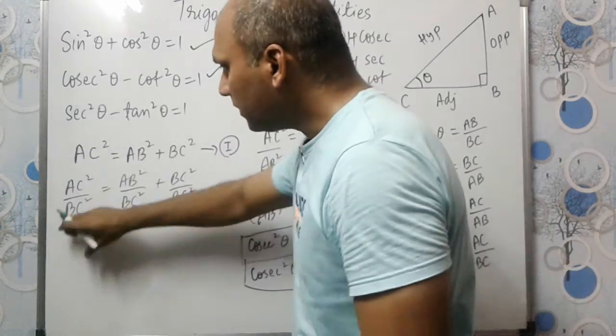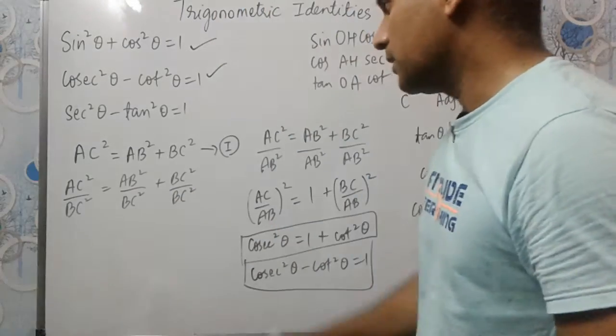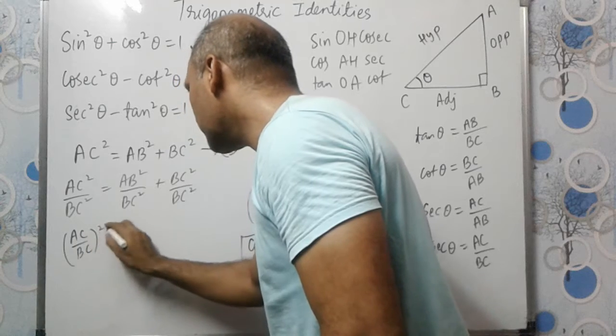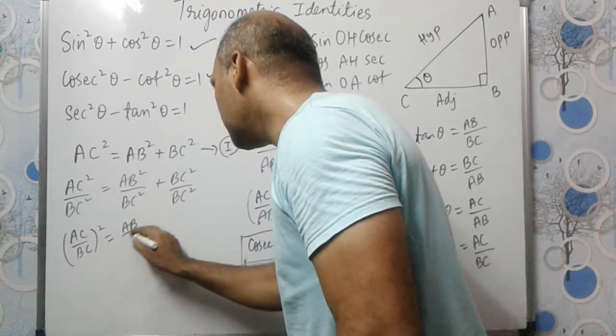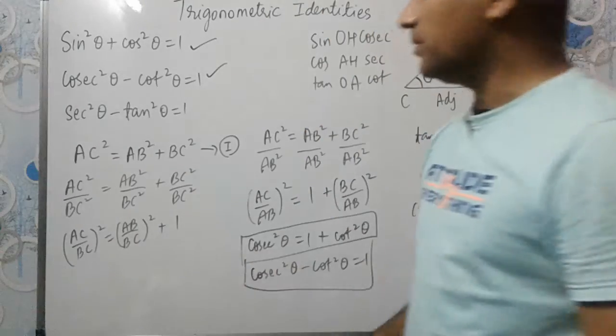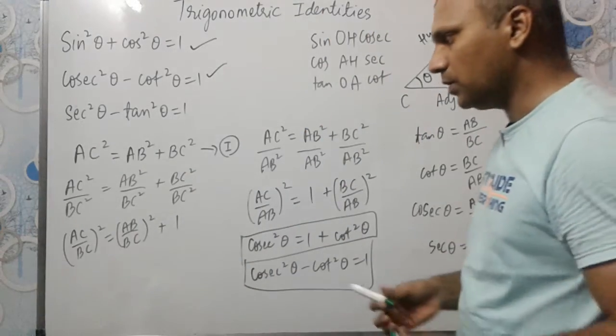We took equation 1 and we are dividing both sides by BC square. Now this is AC by BC whole square, this is AB by BC whole square, this is 1. BC square divided by BC square will be equal to 1.